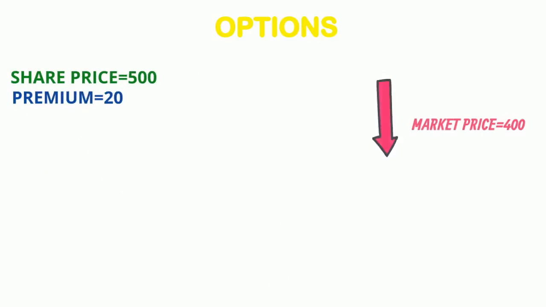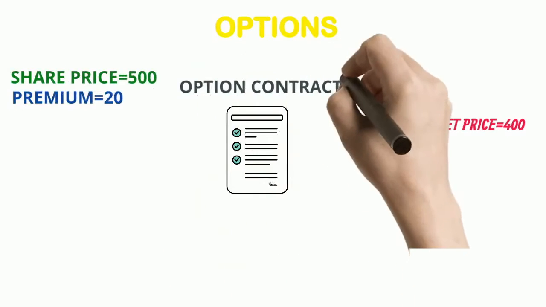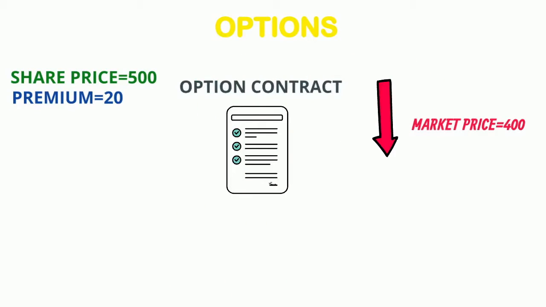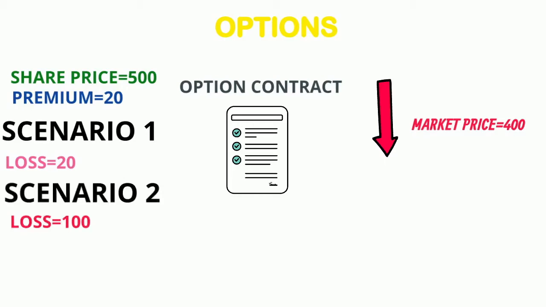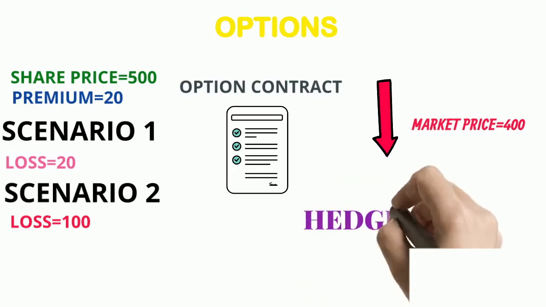That means from the last case, if the price goes down to 400 rupees, you say that you want to use the option contract and sell to that person, so in this case you have lost only 20 rupees. That is only the premium amount you have paid to that person, whereas in scenario 1 there is a loss of 100 rupees. This is known as hedging.